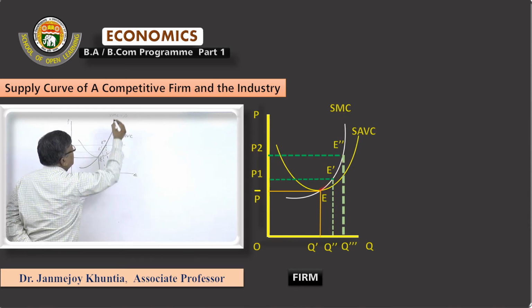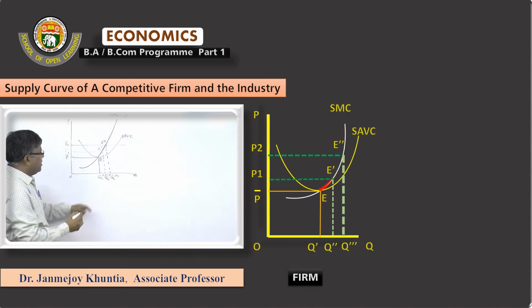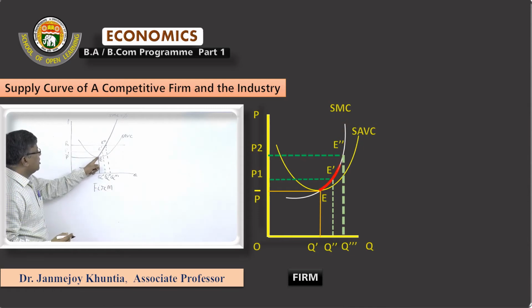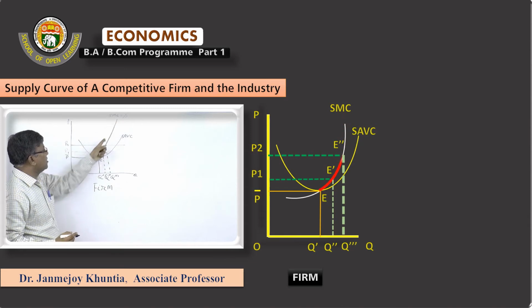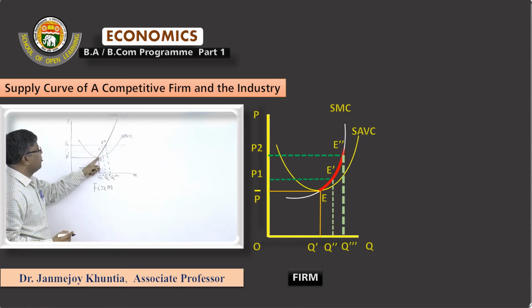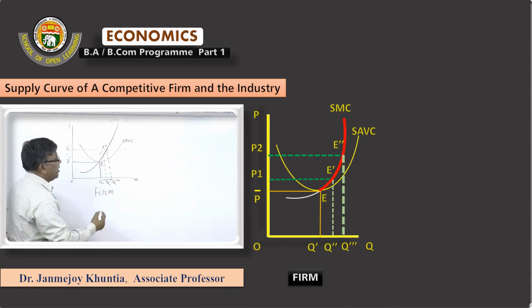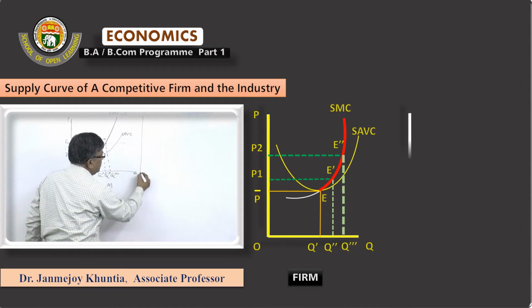So, the supply curve of the firm, this is the firm's diagram, is nothing but the marginal cost curve above the minimum point of the average variable cost. In order to know the industry supply, draw another diagram on this side.